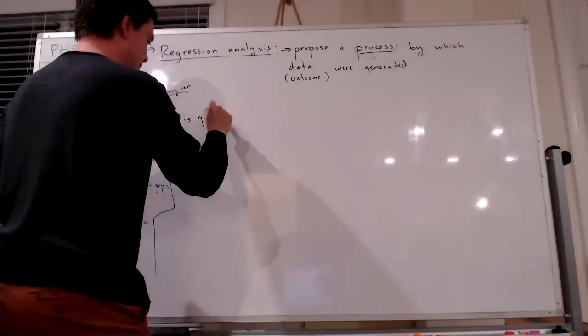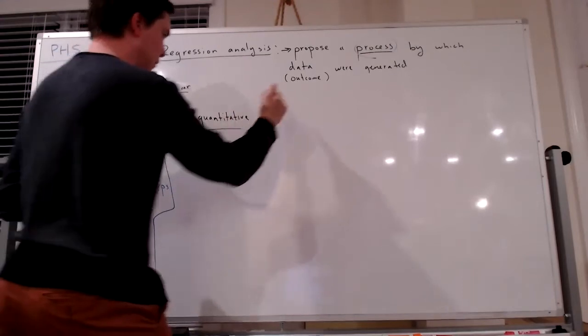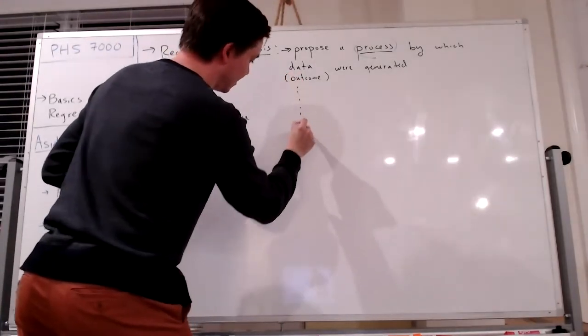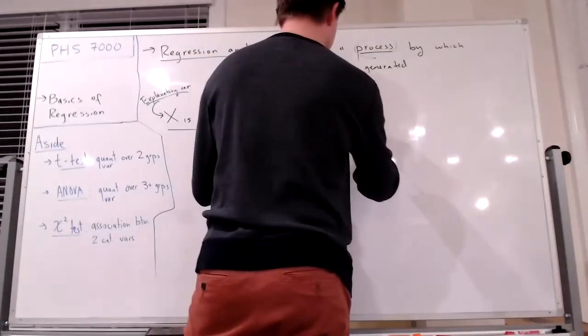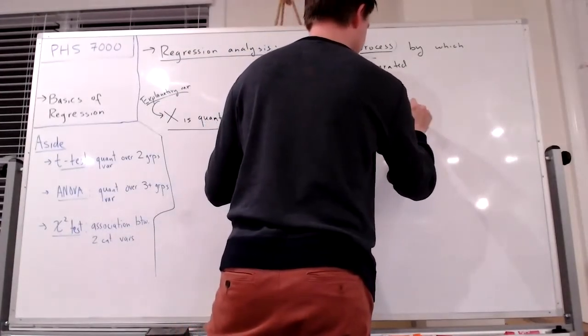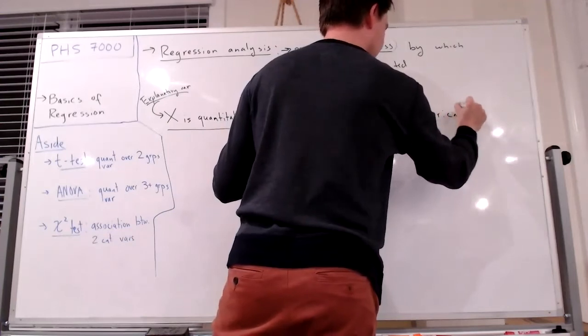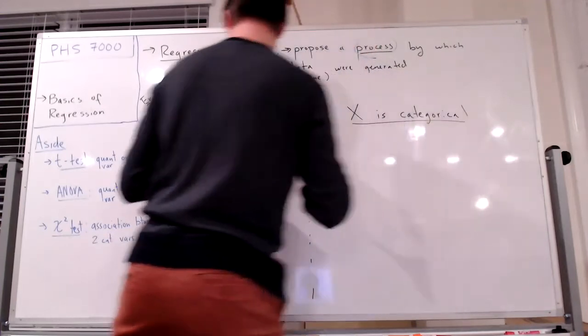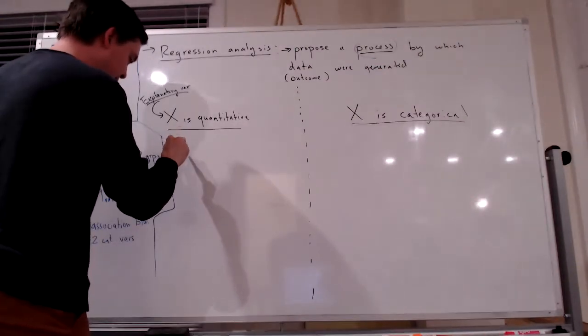And on this side, X is categorical. All right, I'm going to write it a bunch of times because I really want you to remember it.